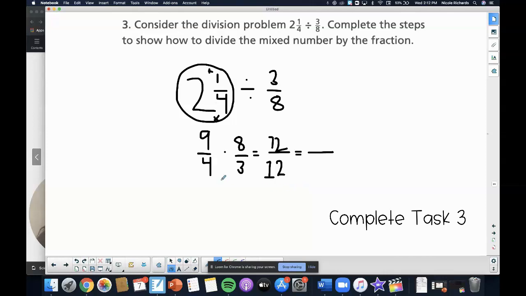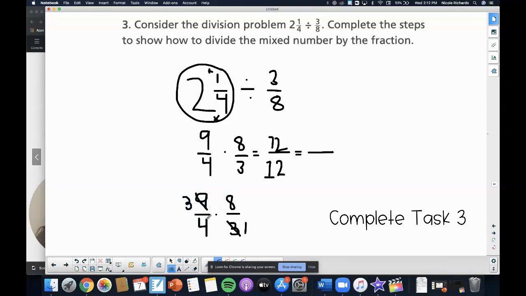So one thing we could have done to help ourselves out, to not have had to do so much work at the end, so we still need to copy our improper fraction. We still need to dot and flop to make the reciprocal of the divisor. But I noticed that 9 and 3 have a common factor of 3. 3 divided by 3 is 1. 9 divided by 3 is 3.